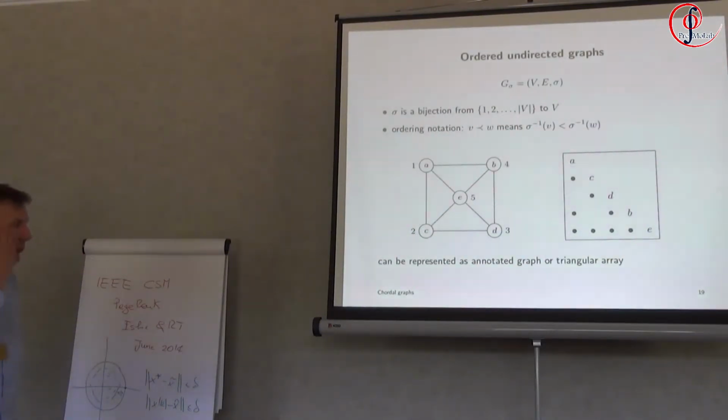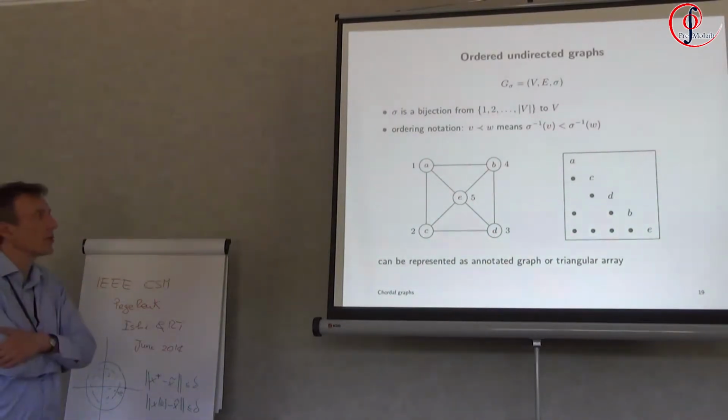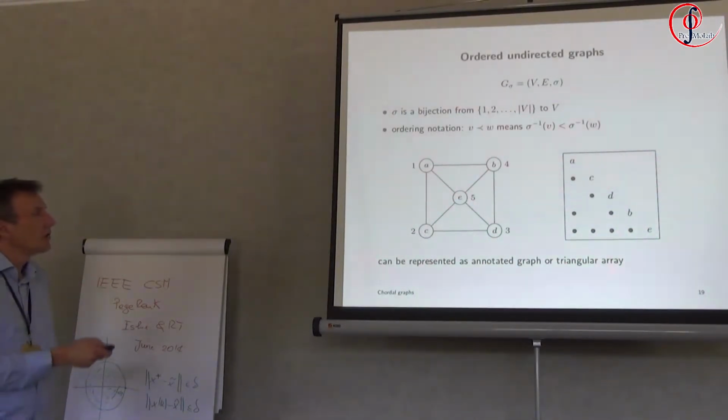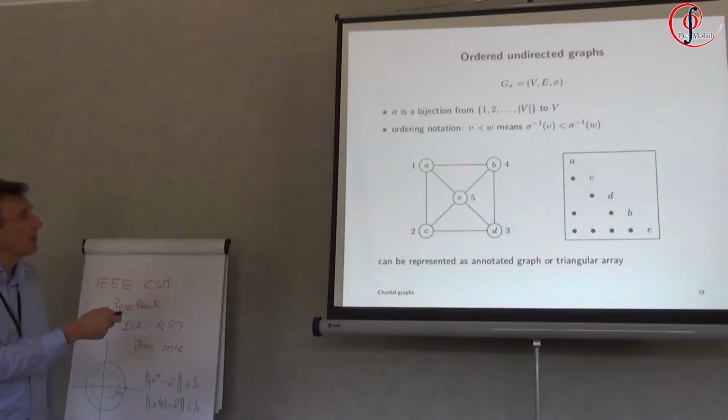So now we'll see how those objects, so the number of cliques, the clique tree and so on, can be constructed in practice, or give more practical methods for doing this. So the next step will be to add an ordering to the graph. So an ordered undirected graph is an undirected graph with an ordering of its vertices.